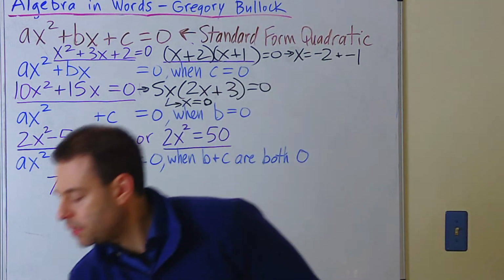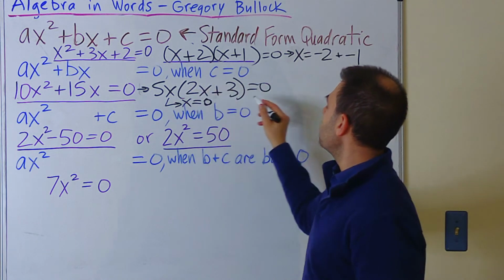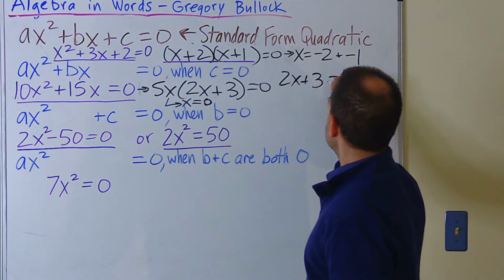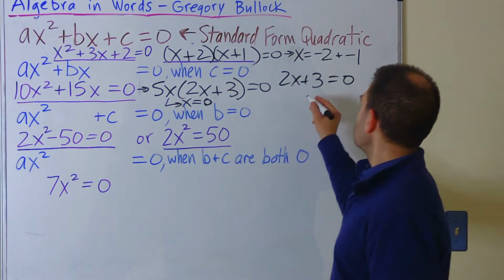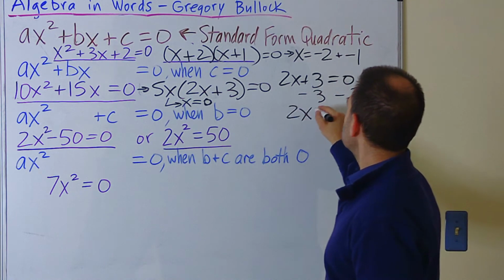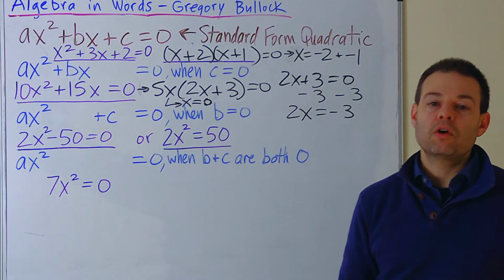And the last step we need to do for that problem is to now take this group, the 2x plus 3, and set it equal to 0 and solve for x. So we're going to subtract 3 from both sides. We're going to get 2x is equal to negative 3. And now we're going to divide both sides by coefficient 2.